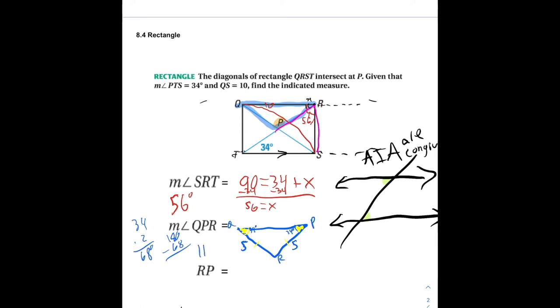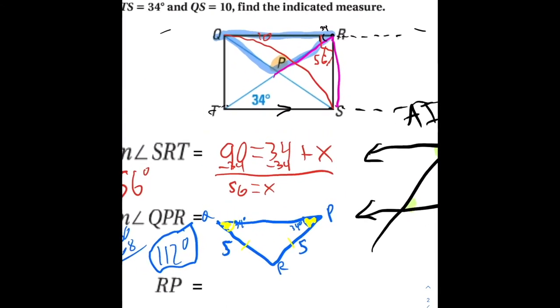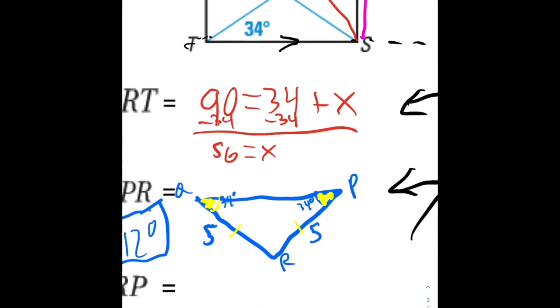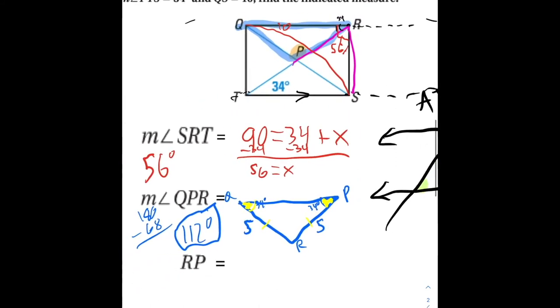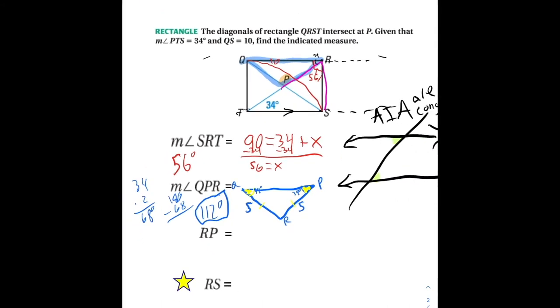So we are left with angle QPR being 112 degrees. To recap, I pulled up the triangle QPR, filled in what I know, and because the diagonal was 10, I knew each of the sides of my triangle was going to be 5. So RP is 5.